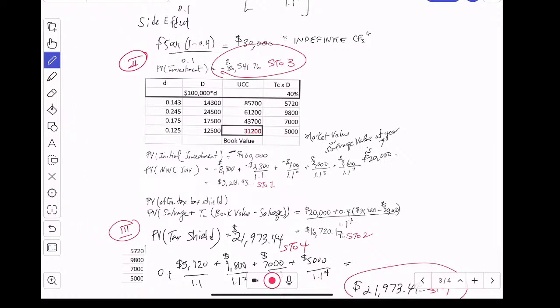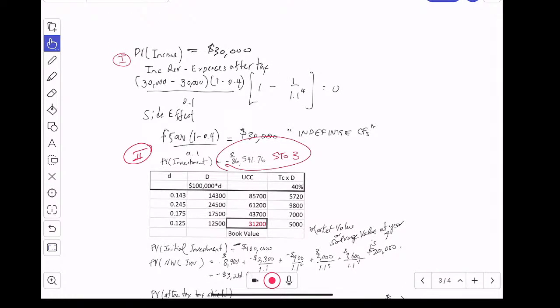It's a negative. And then the first one was 30,000. So it's a little long. Any questions?